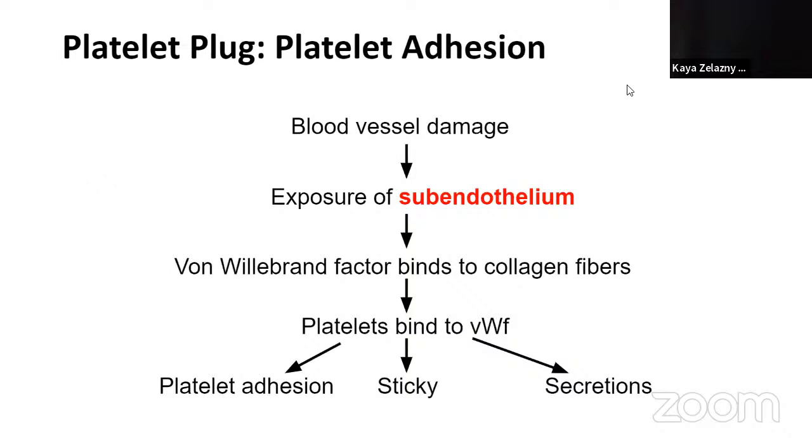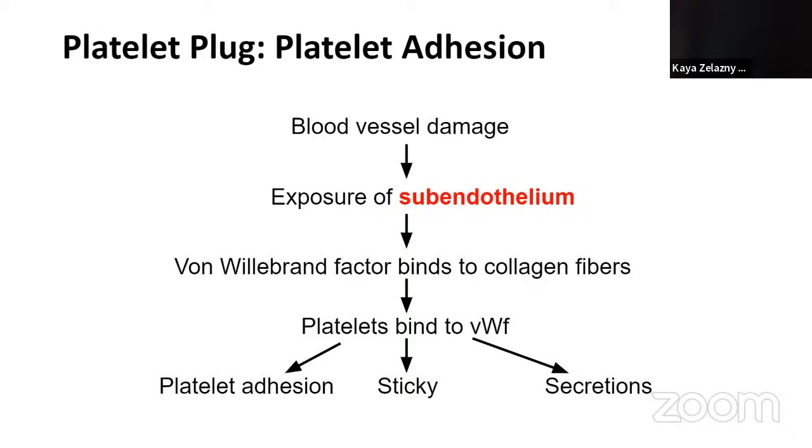So here we have our subset of the platelet plug formation, the platelet adhesion. When the blood vessel gets damaged, the layer under the endothelium, and I'm going to be careful about my direction words here because it depends whether you're thinking about it from the perspective of a blood cell or from an observer looking out.